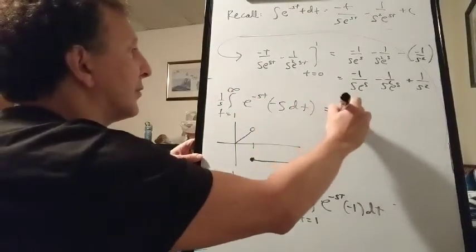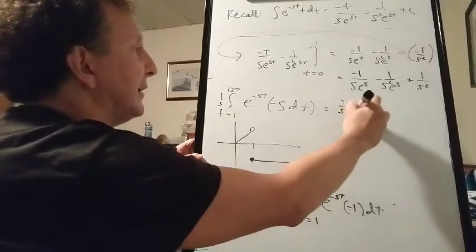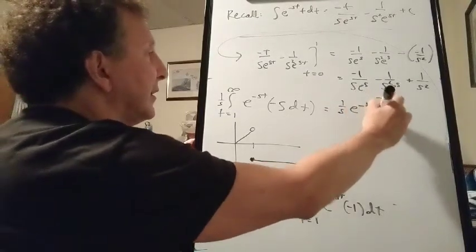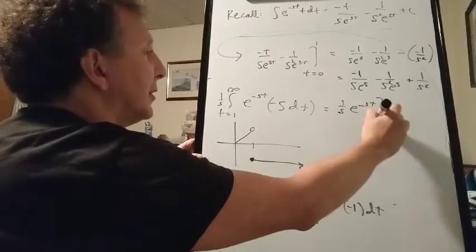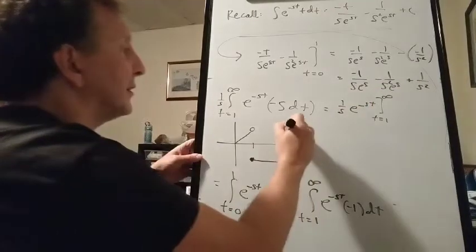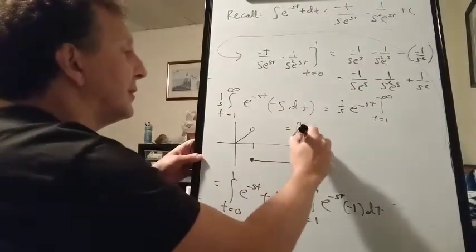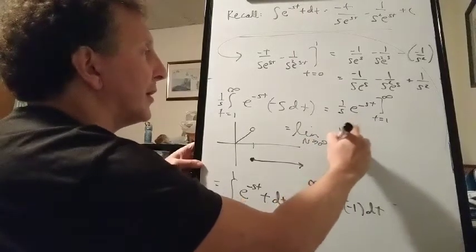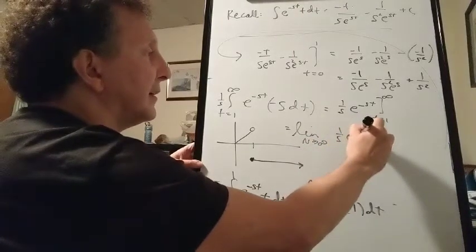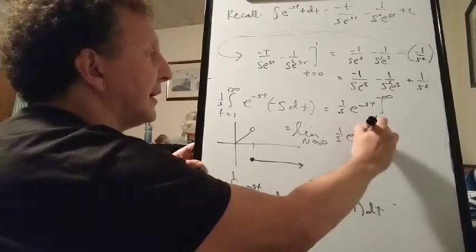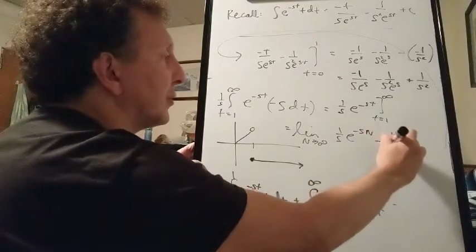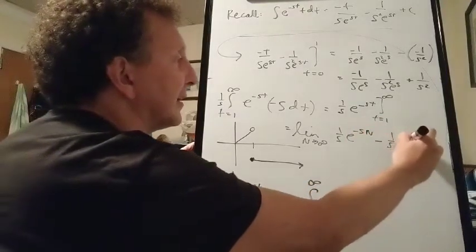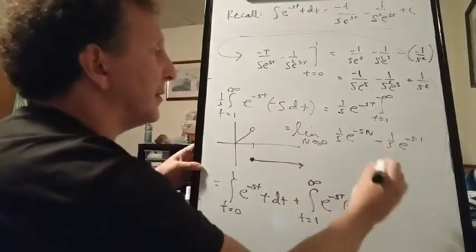So this is 1 over s e to the negative st, evaluated from 1 to infinity, which is the limit as n goes to infinity of 1 over s e to the negative sn minus 1 over s e to the negative s times 1.